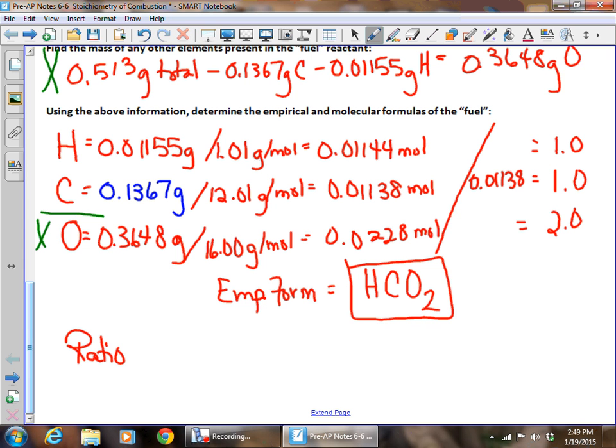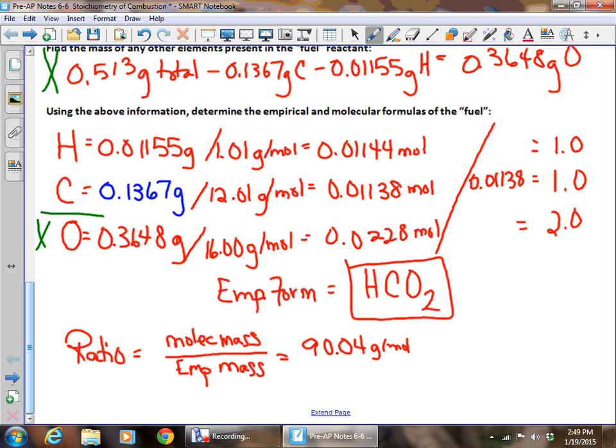And that ratio is going to be whatever the molecular mass is, and they have to give us that, no way to find that out otherwise, divided by the empirical mass. And if you look back in the original problem way up at the top, it tells us that the molar mass of the acid, the molecular molar mass, is 90.04 grams per mole.